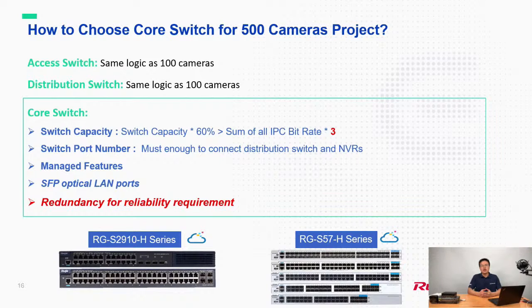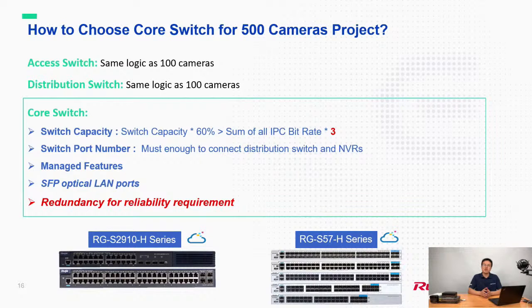Okay, as of now, we know how to choose the switches in the 100 cameras project and the 500 cameras project, beginning from the access switch choosing to the distribution switch choosing.